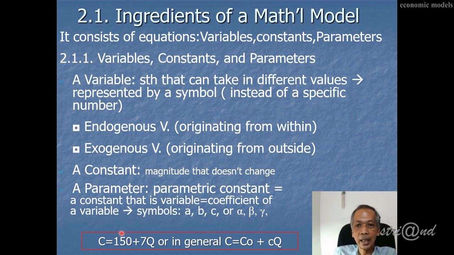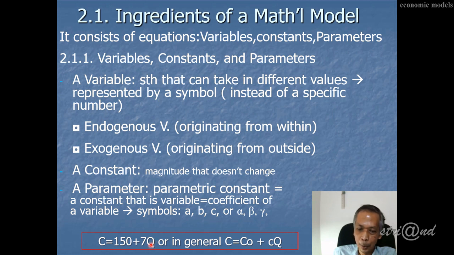Okay, and then we can also see parameter. This is an example of a parameter. The 7 here in this equation is a parameter. This parameter will determine how the C is influenced by the quantity.